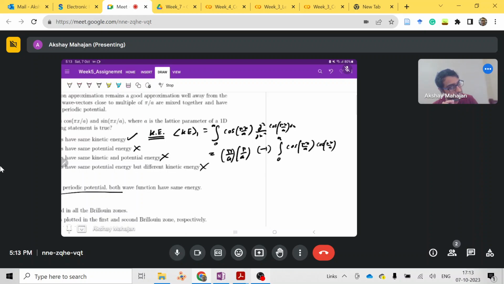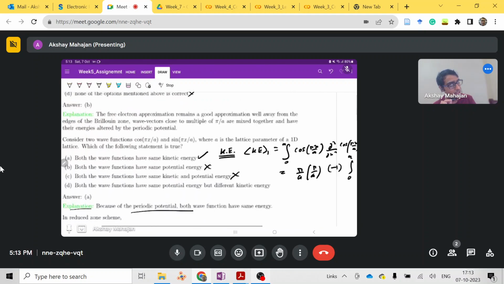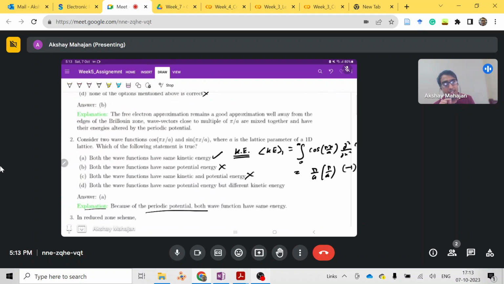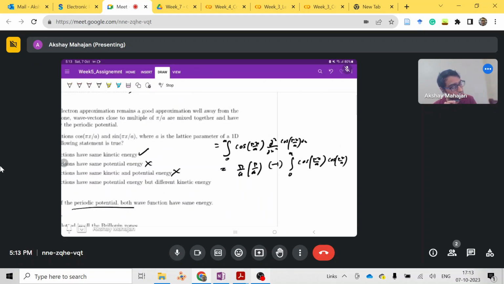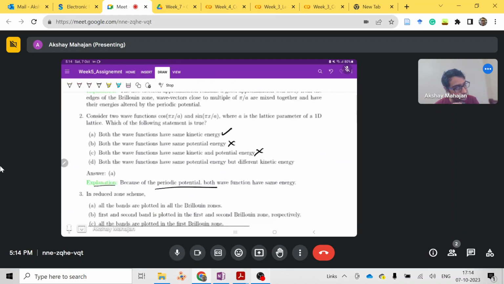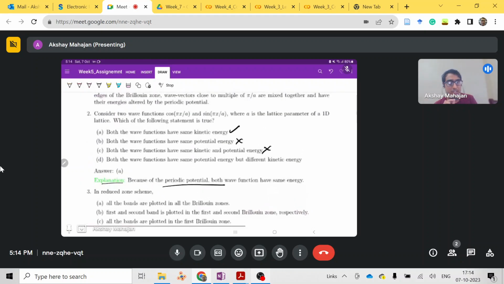We don't have much time, but you can do the expectation value as has been done in the lecture. You can calculate the expectation value of the kinetic energy for both wave functions, and you will find that the expectation values also come out the same. We just have to discuss this assignment quickly, but you can check the expectation values as well. They will also come out the same.